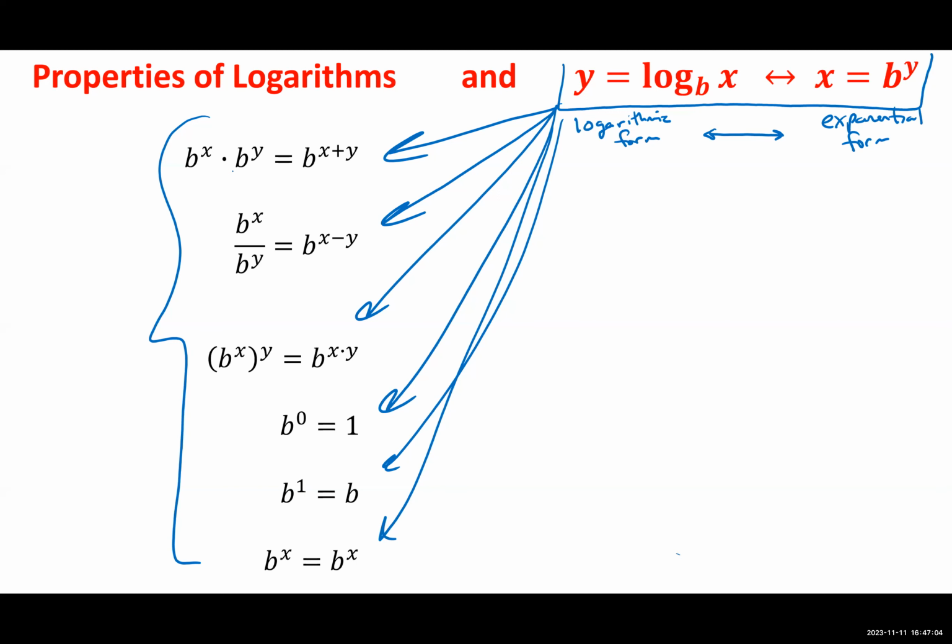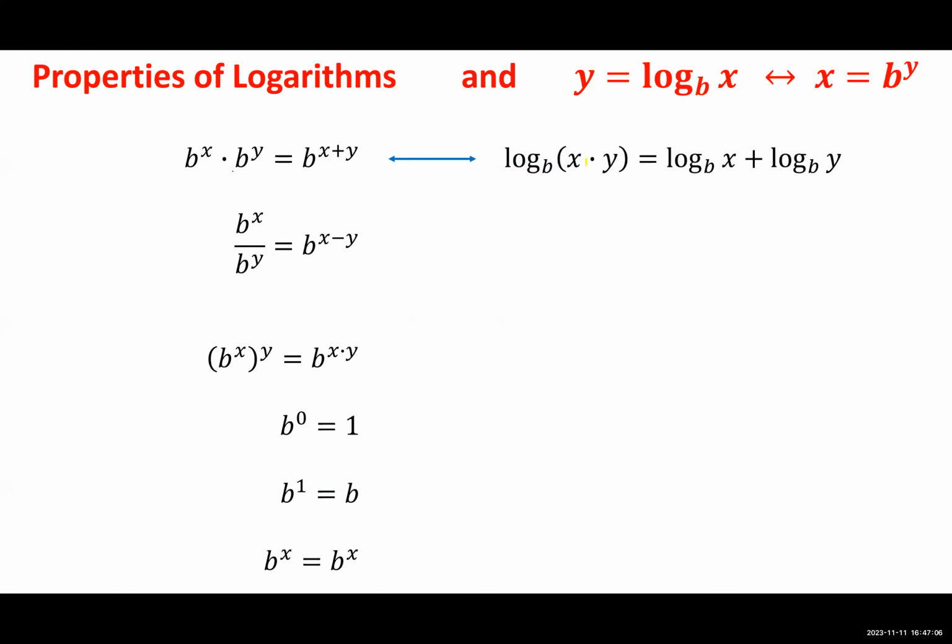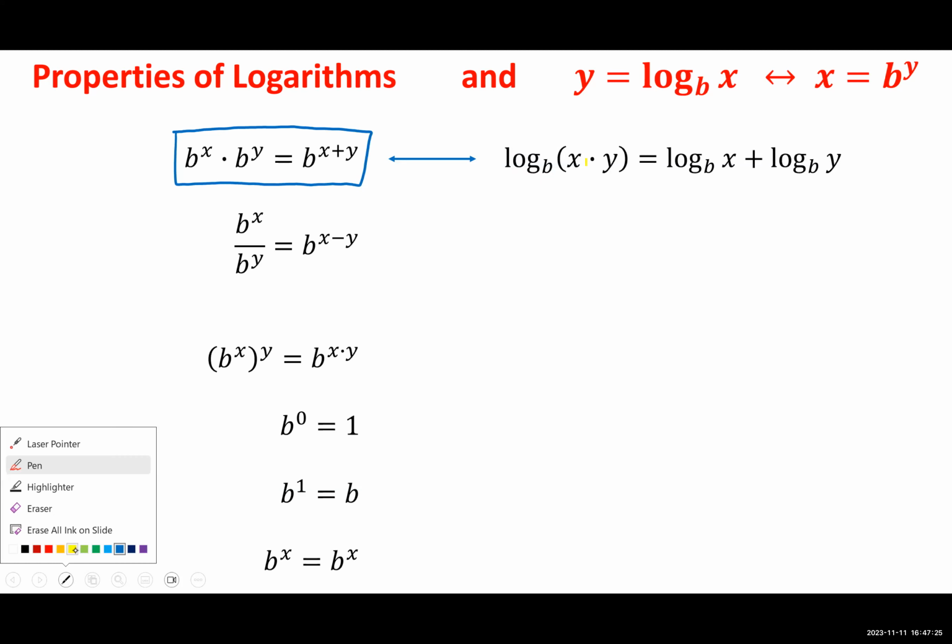The first one: when you multiply like bases, you add the exponents. x to the third times x to the second is x to the fifth. We've seen this before. In the language of logarithms, remember the logarithm is the exponent.